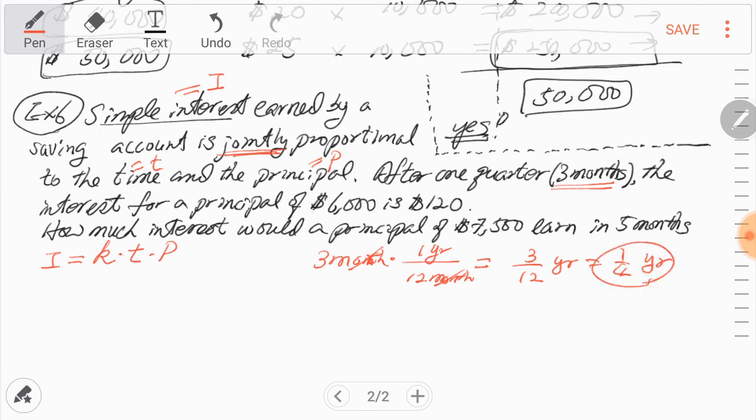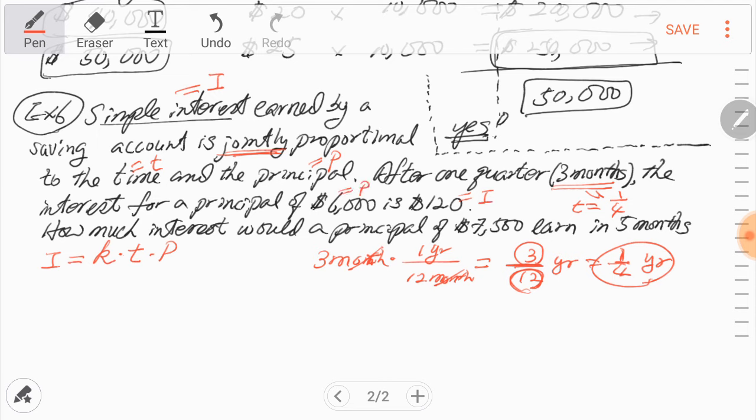So whenever we convert a month to a year, we divide the month by 12, so that is the number of years. So 3 months is equivalent to 1/4 year. So the T is 1/4 of the year, and the interest for the principal is $120. So 120 is the interest amount, and the principal is $6,000.